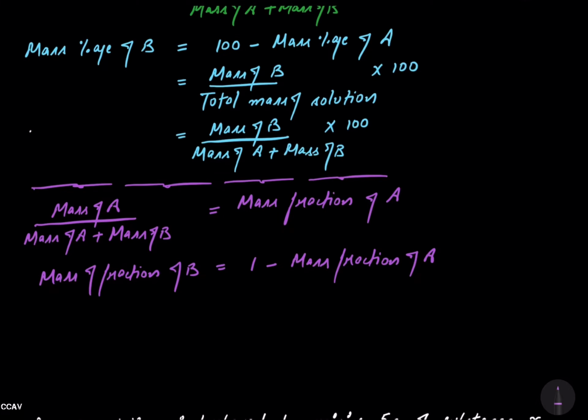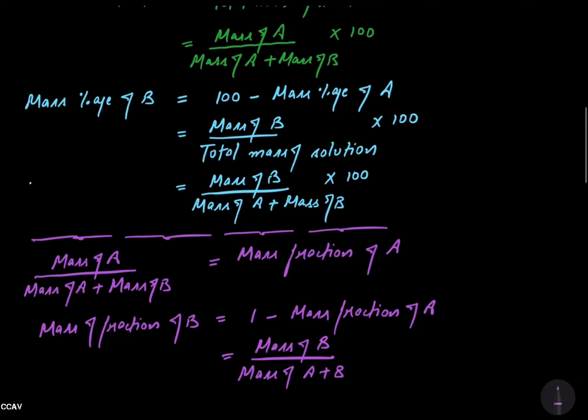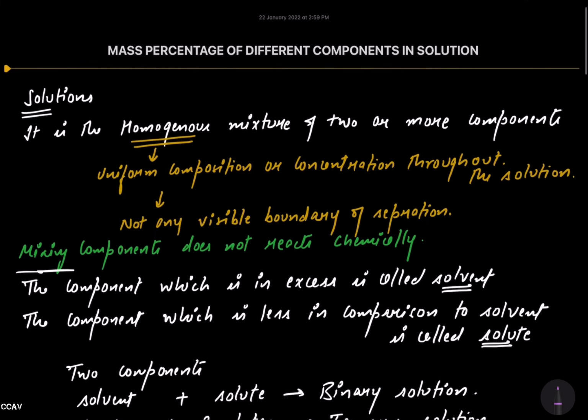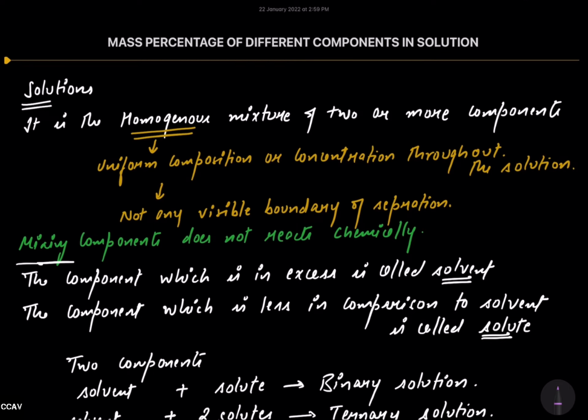I will get the mass fraction of B, which is also written as mass of B divided by total mass, that is mass of A plus B. That's also called the mass fraction of B. Hopefully, my dear students, you got the topic: mass percentage of different components in the solution.